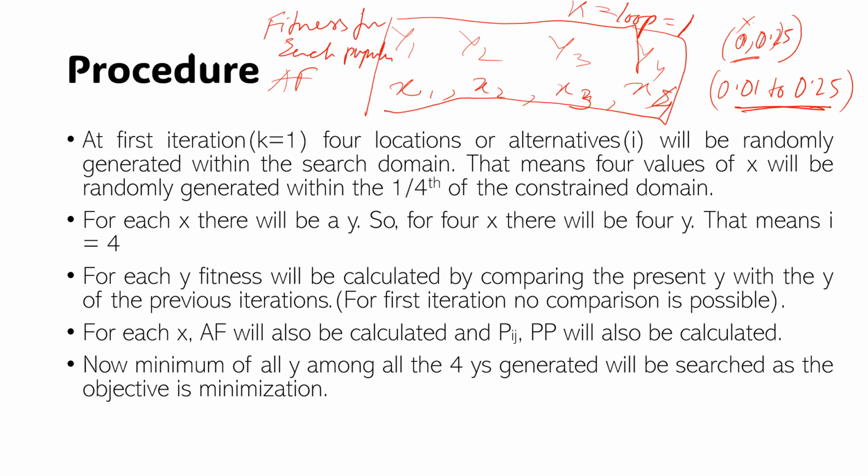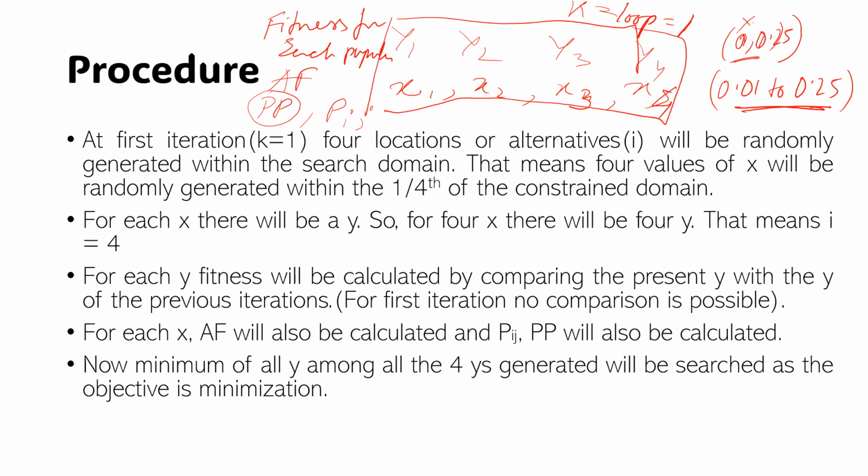And then you have to calculate also the PP, that predefined probability, but this PP is for only the number of iteration, not for the number of locations or number of populations. Now what will happen for each X? Pij will also be calculated, probability, not predefined probability, but probability of each I for each variable.